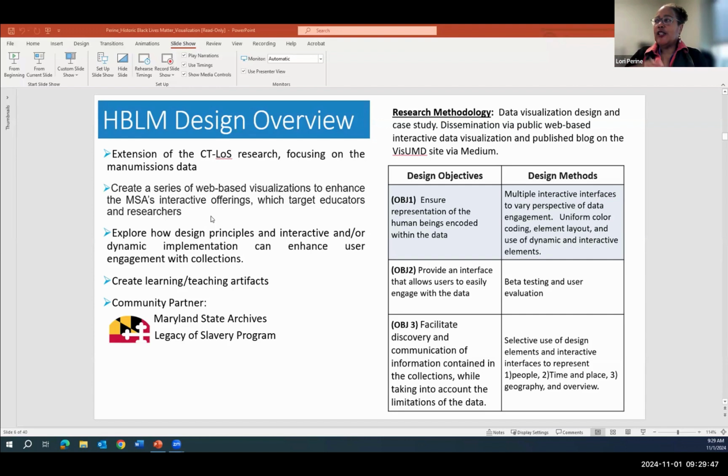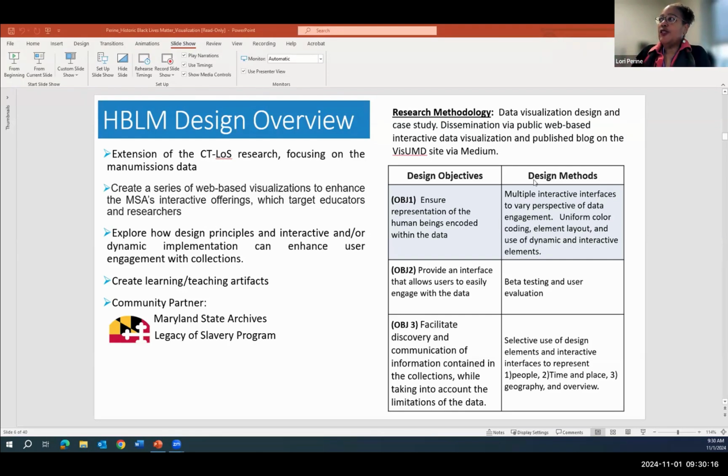The other aspect of this was that I was really looking at whether we could use design principles that undergird principles of data visualization with this type of data. Is it possible to take this type of data and present it in a way that allows access to information, but also allows the discovery of new knowledge as well?